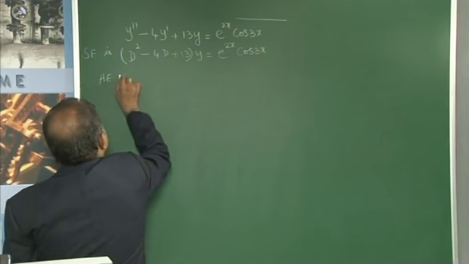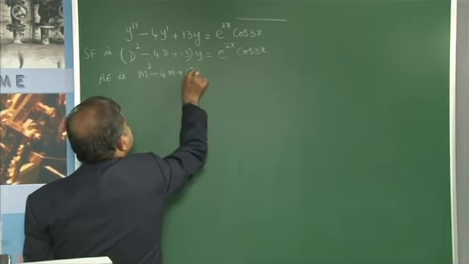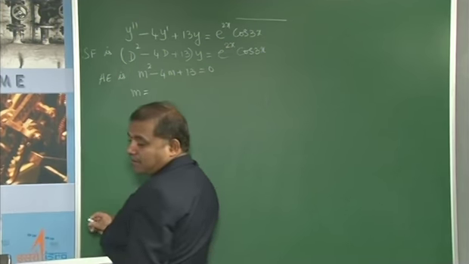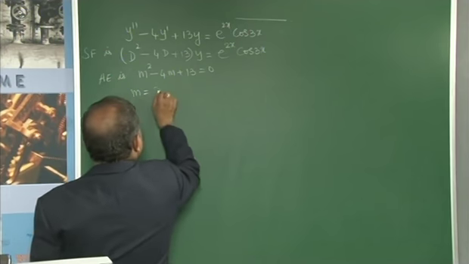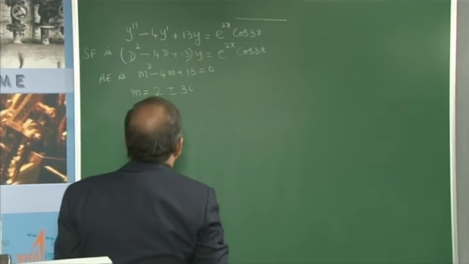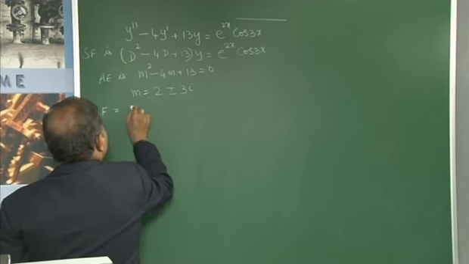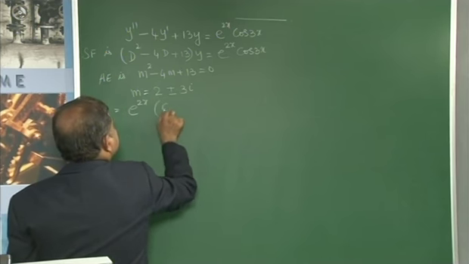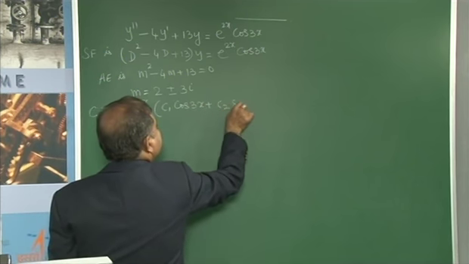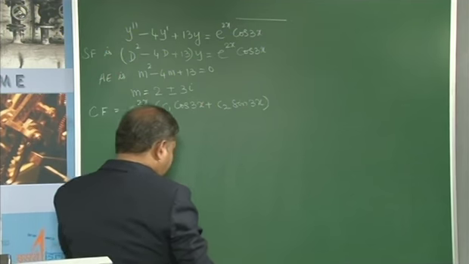Auxiliary equation is m squared minus 4m plus 13. So if I find the roots, 2 plus or minus 3i. So what is my complementary function? e power 2x (c1 cos 3x plus c2 sin 3x). This is the complementary function.